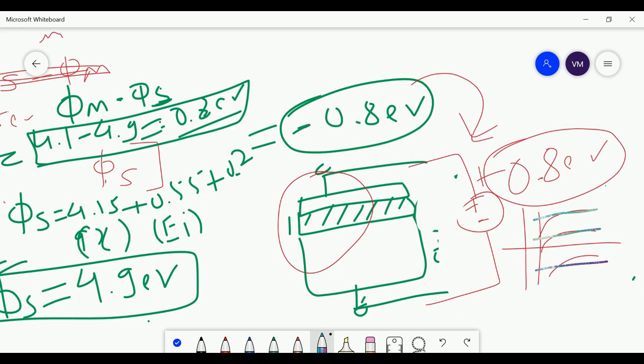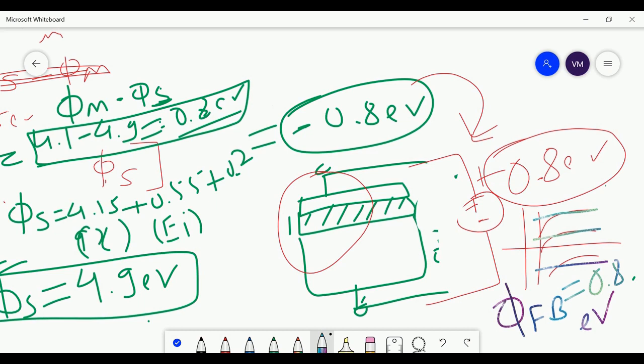And as I have already told you in the last class, the voltage which is responsible for making these bands flat is known as flat band potential or flat band voltage, denoted as phi FB. So from this analysis we got to know that the standard flat band voltage for silicon is 0.8 electron volt.